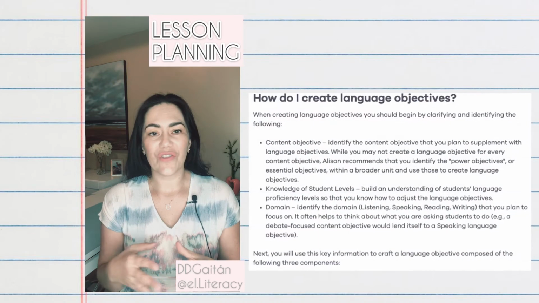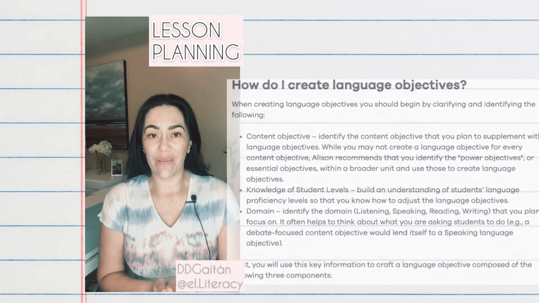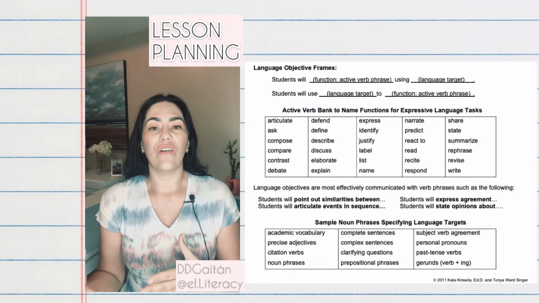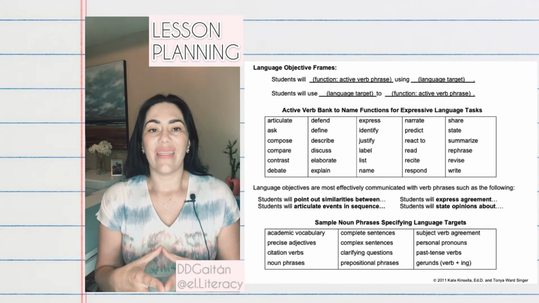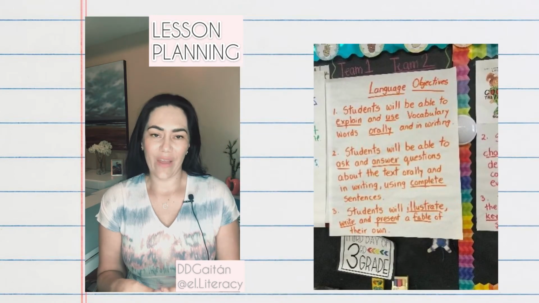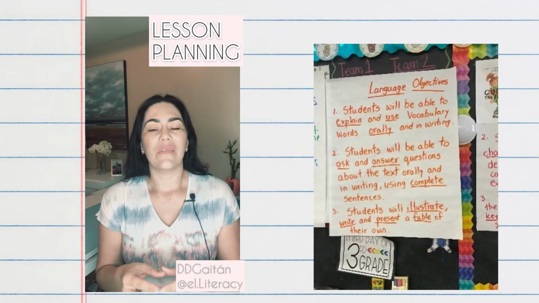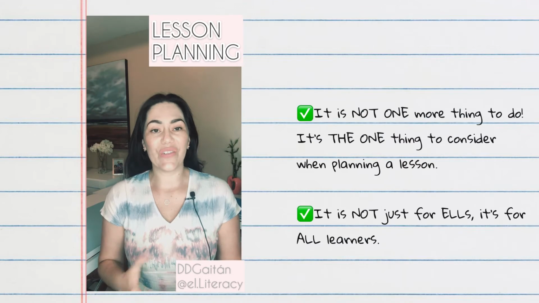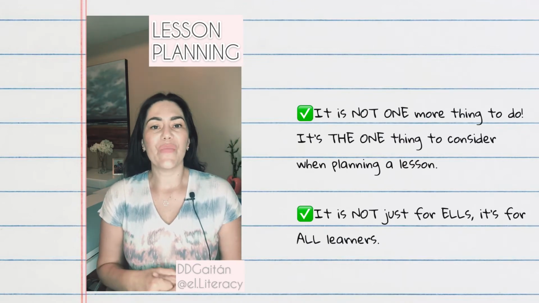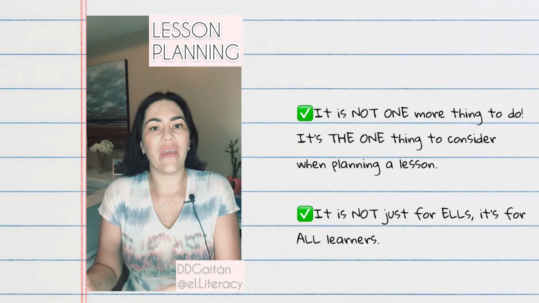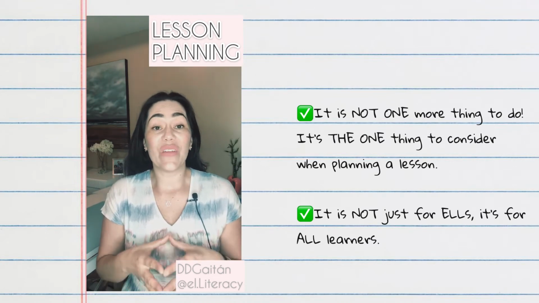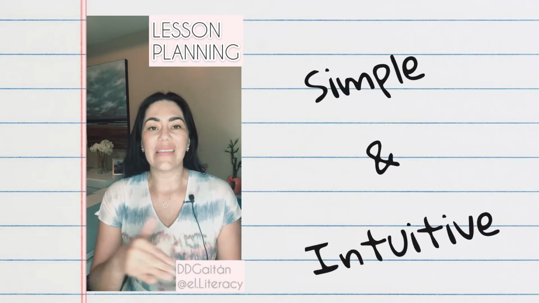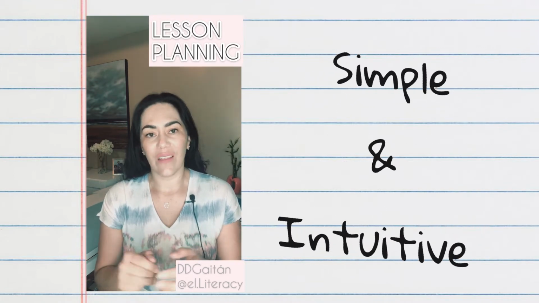Most of the literature and PD sessions I've attended about this topic focus more on the writing or creation of these language objectives than on the actual practicality of language objectives, making them seem more of a burden than an asset. They are usually introduced as something new, something that needs to be added to help ELLs, when in reality it is a universal teaching practice important for all learners and simpler and more intuitive than it looks.